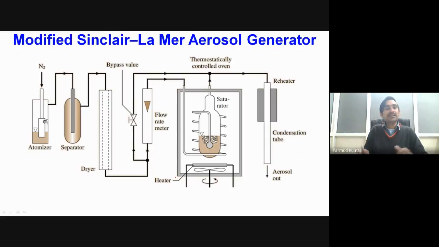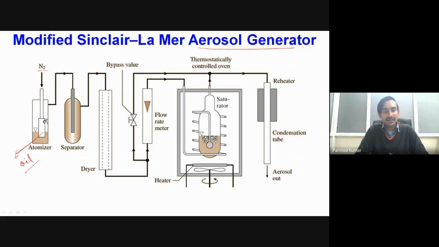Now this is a device which is employed for generation of aerosol particles. You can see over here some gas is introduced from here. This is an inert gas, nitrogen. Then we have a separator, because in this first chamber we have some liquid, and that liquid is normally some oil.